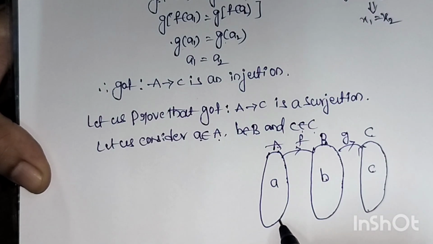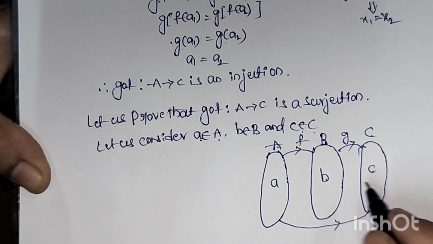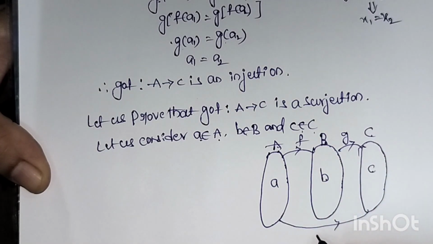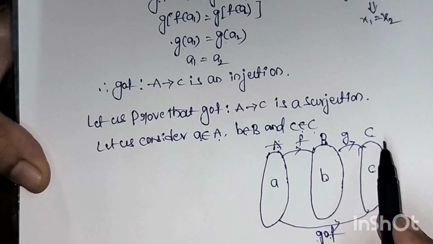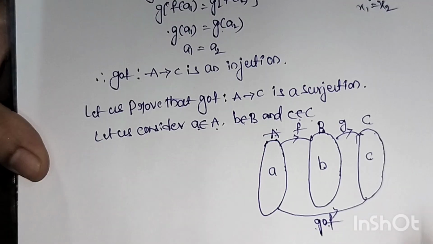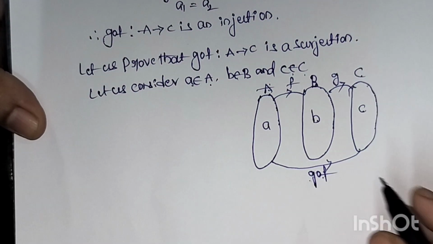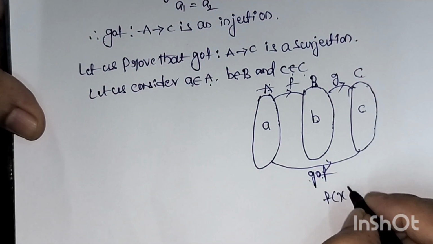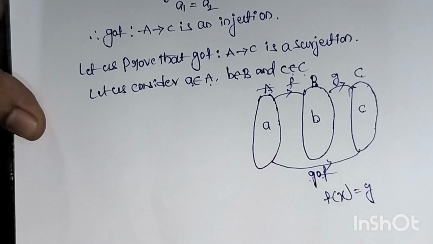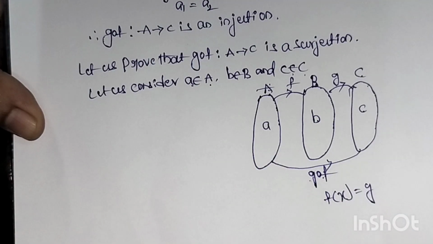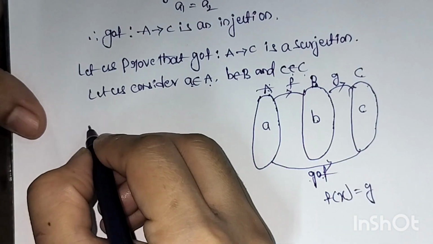We have to prove f of x is equal to y. Given f maps A to B is a surjection. f of A equals B. Image of A equals B. f maps A to B.